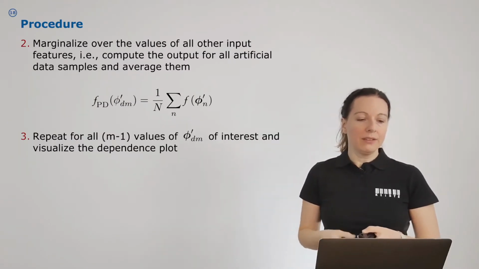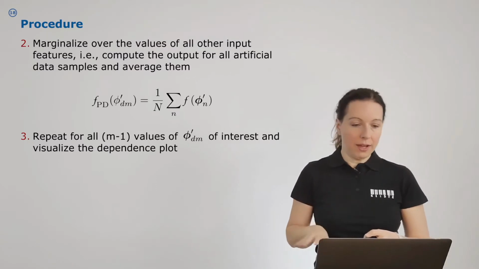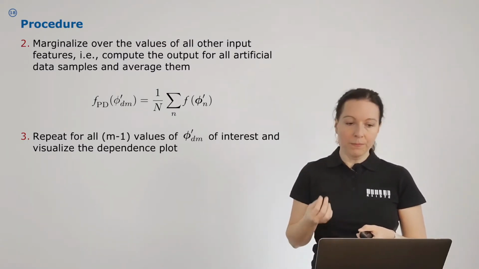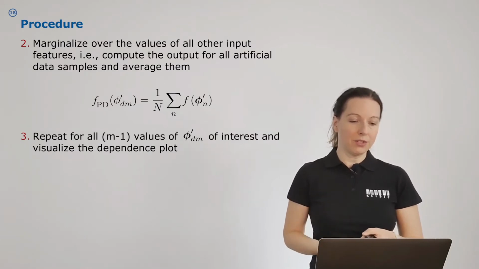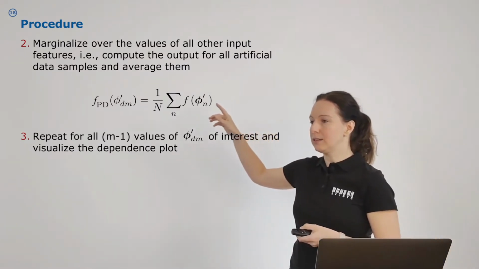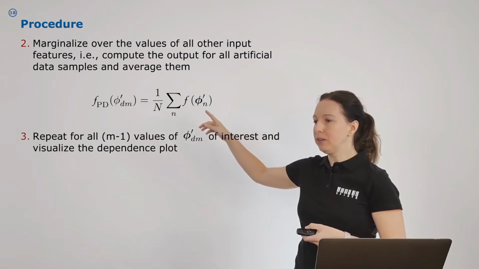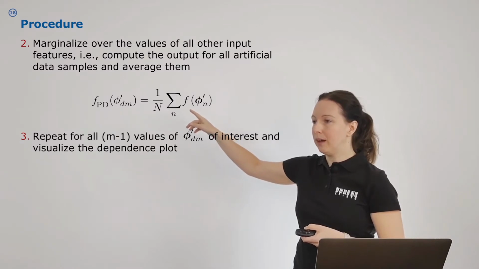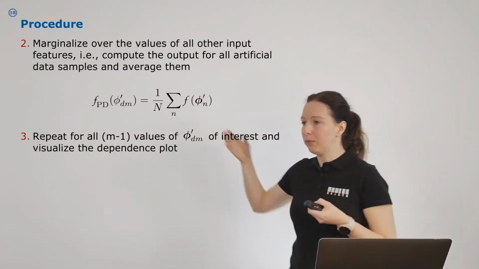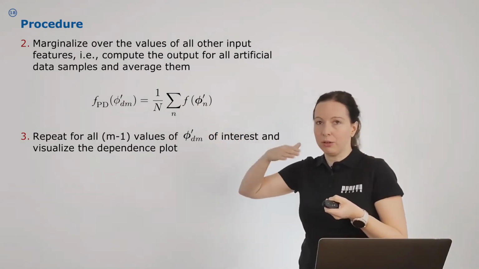What you do then is you marginalize over the values of all other input features. That means you compute the output for all artificial data samples and average them. So this is illustrated in this equation here. These are your artificial data samples, phi prime. This is your function, your classifier or regression, from the machine learning model, whatever you want to output.